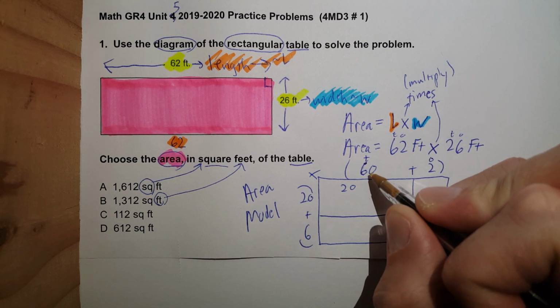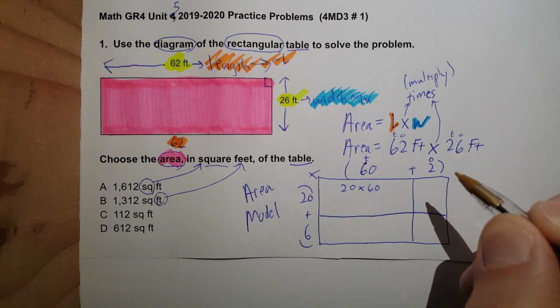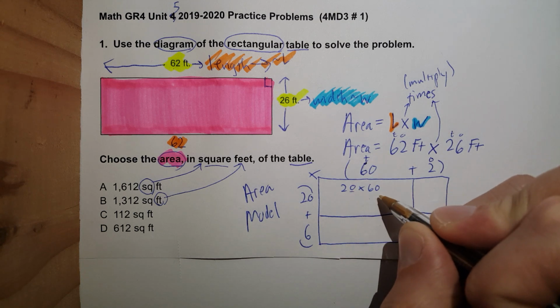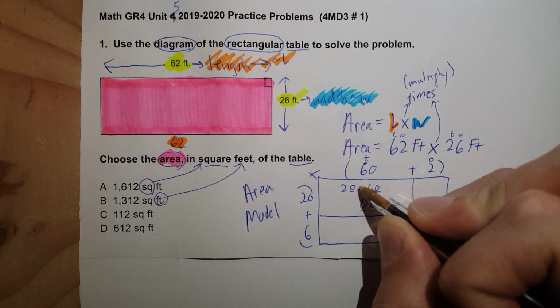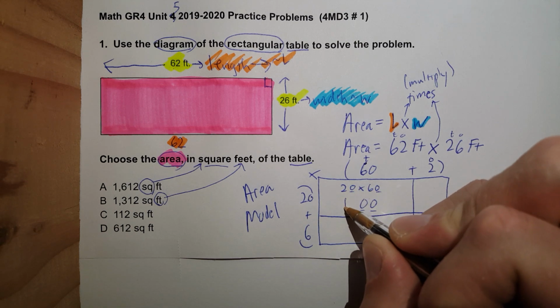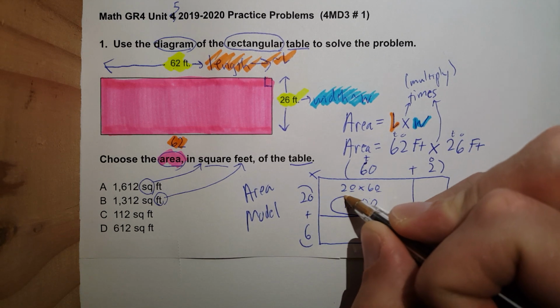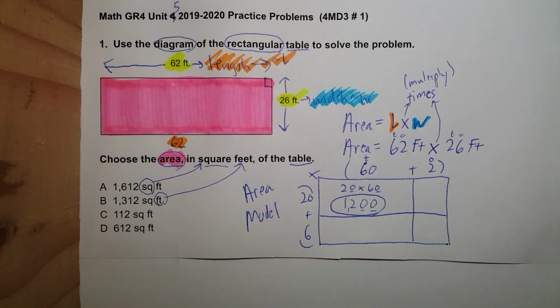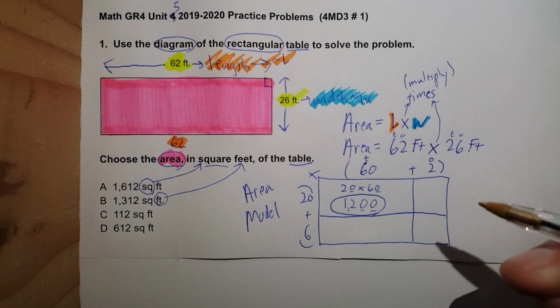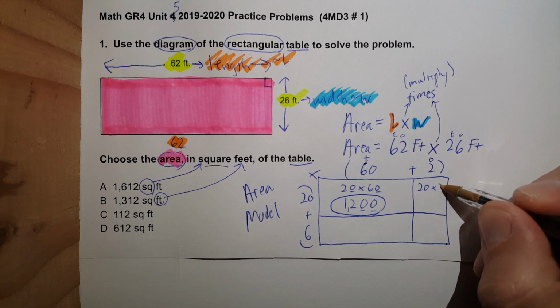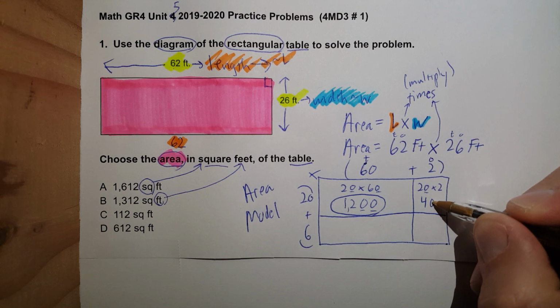20 multiplied times 60. Remember the zero trick? Add a zero, add a zero. 1, 2 zeros, 1, 2 zeros. 2 times 6 is 12. 1,200. Next box, 20 times 2. 2 times 2 is 4. Don't forget the 0.